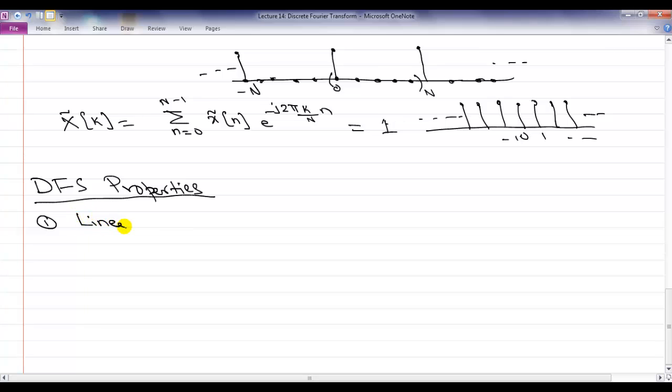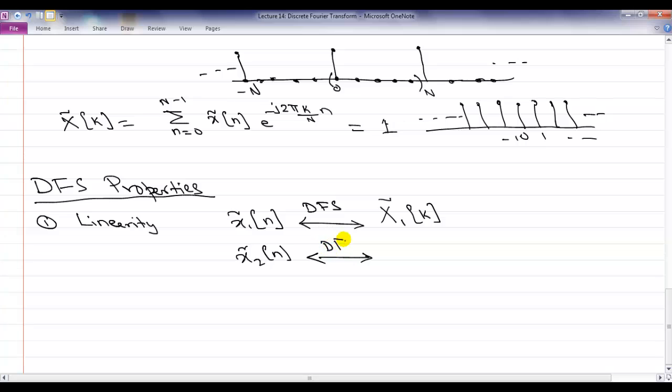The first property is that of linearity, which means that if you have one periodic sequence with discrete Fourier series x1 tilde k, and another one x2 tilde n with discrete Fourier series x2 tilde k, then you can take any linear combination of them, a1 x1 tilde n plus a2 x2 tilde n.